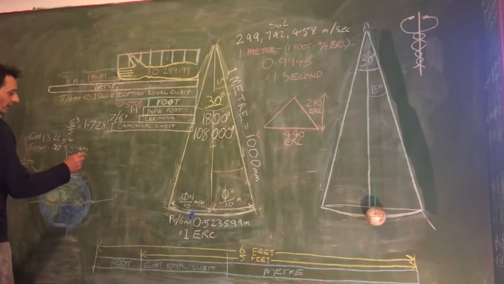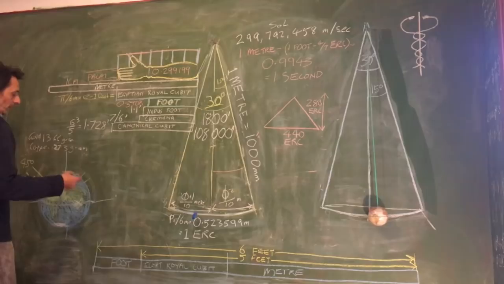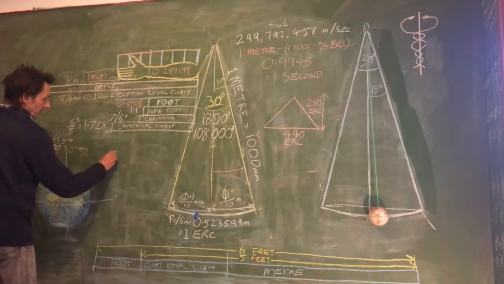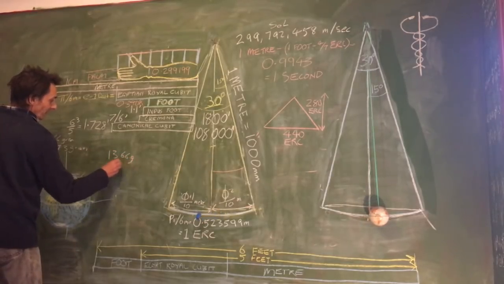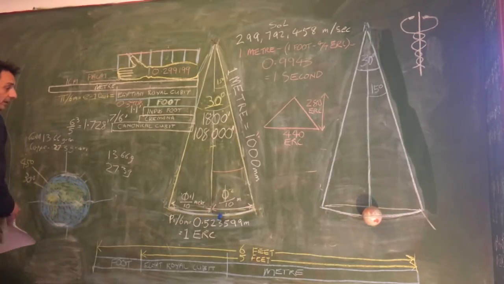Well, they found all these small cubes, and they go in a scale of 1, 2, 4. So 13.6 grams and 27.3 grams were also being used in the Indus Valley civilization 2500 BC, same as the Old Kingdom in Egypt. But this, of course, is all a nice coincidence.